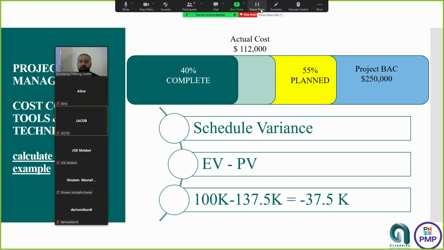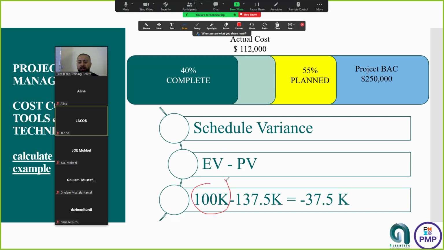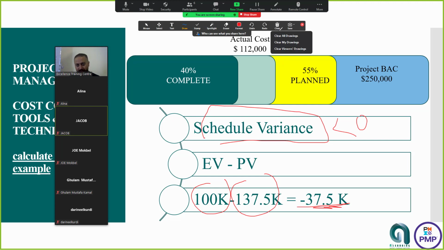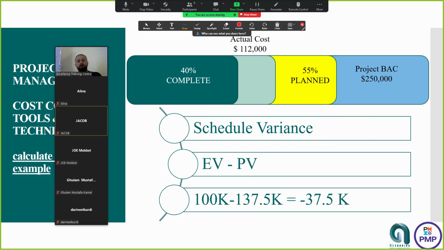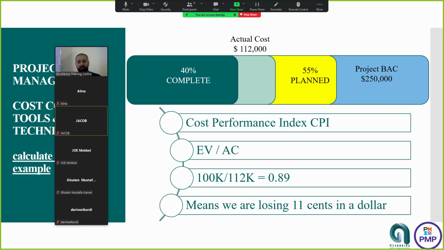We have calculated that the EV is 100K minus 137.5. We have it negative, what does that mean? Less than 0 means negative impact on the project, meaning we are behind schedule. Is it clear? Great. So I think what I explained last time is clear, correct?